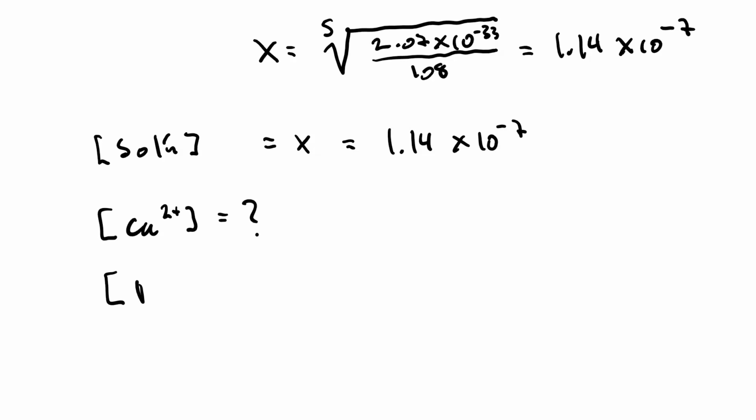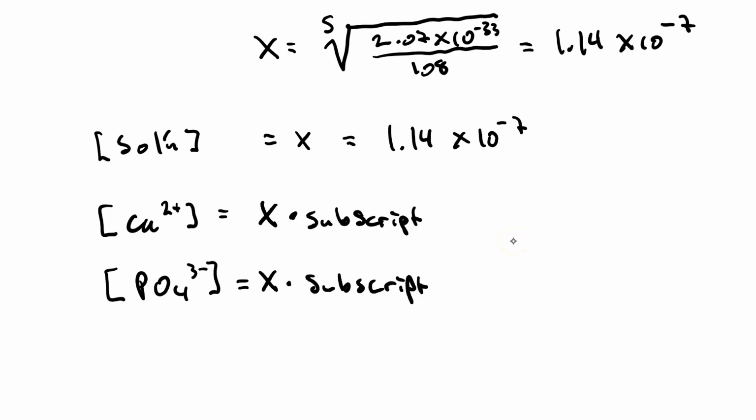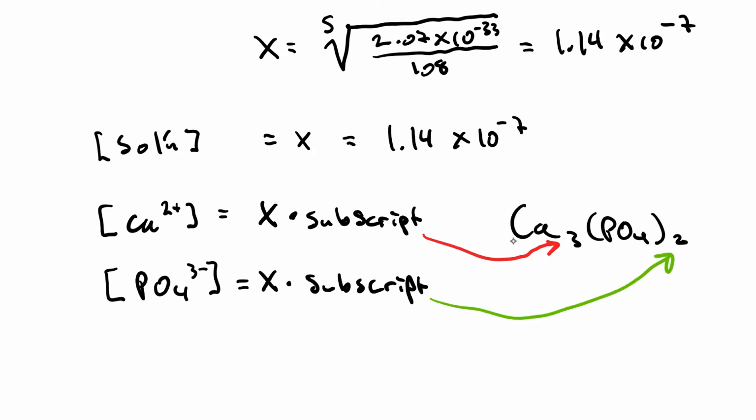And what if we want to know the concentration of phosphate? Are these simply equal to x? Not quite. They're x times the subscript. And the subscripts we're talking about are the subscripts in the chemical formula, Ca3(PO4)2. So we multiply x by 3 to get the concentration of calcium, and we multiply x by 2 to get the concentration of phosphate in solution.